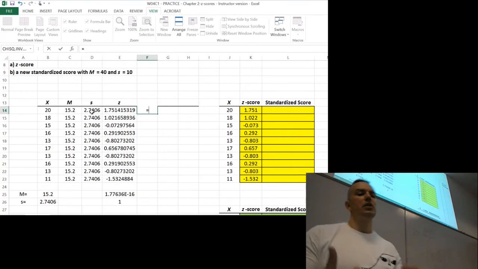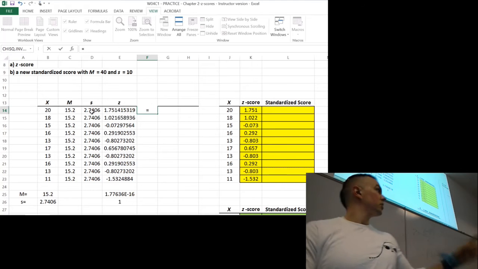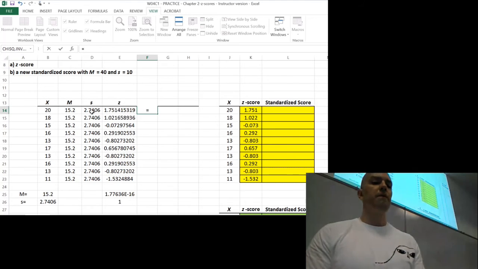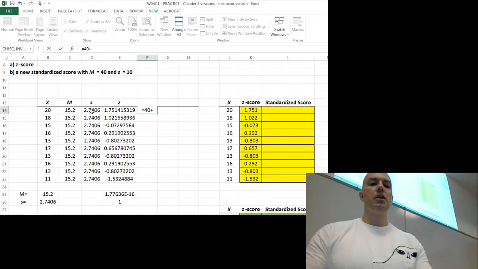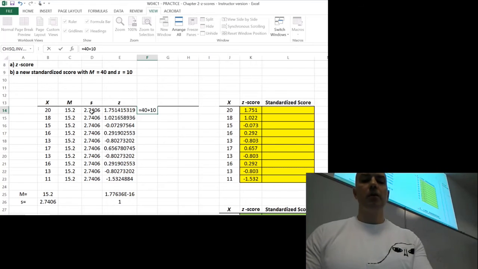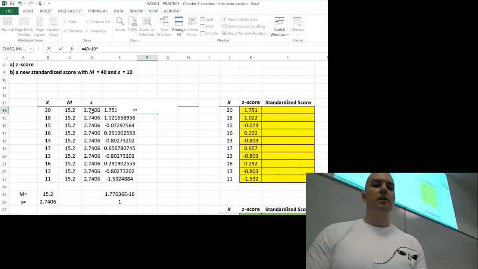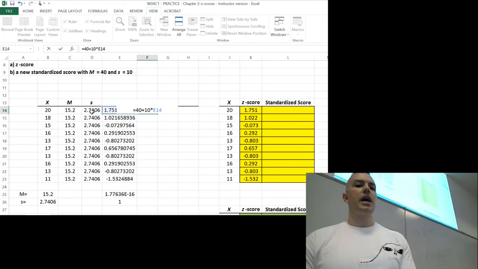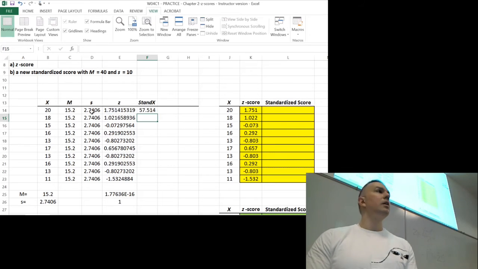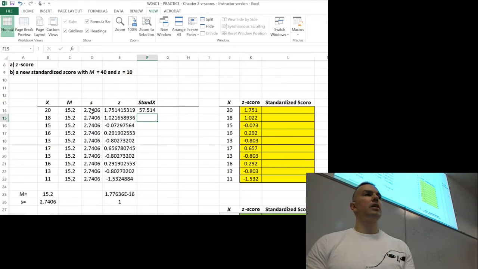We want the new standardized scores. So we have to enter in the new mean, which is 40, that's given to us in the question, plus the new standard deviation, which is 10, and then we multiply that by the z-score that we just calculated. We hit enter, and there's our new standardized score for that first raw score.